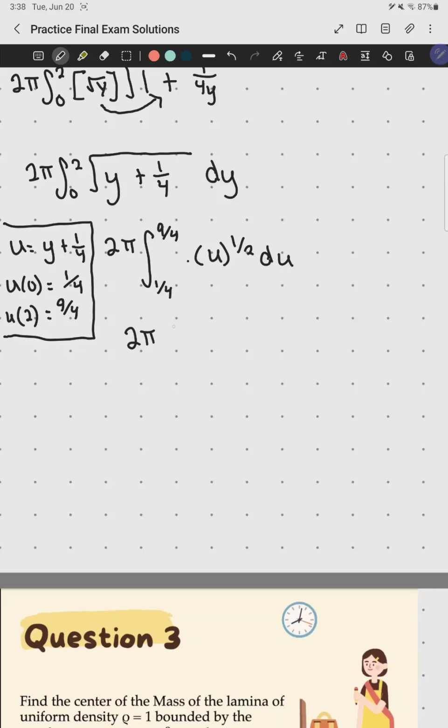We can now take our integral, 2/3 u to the 3/2, from 1 over 4 to 9 over 4.